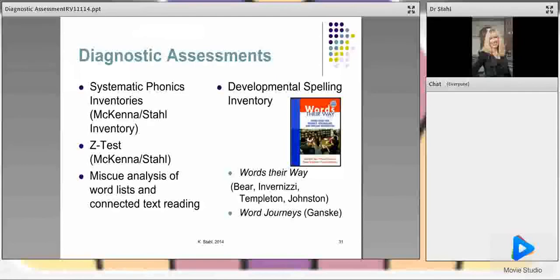The developmental spelling inventory, I swear I do not get any money from advocating for this book, but it is the quickest way that you can find out what problems your child is having and what parts of words they are noticing.